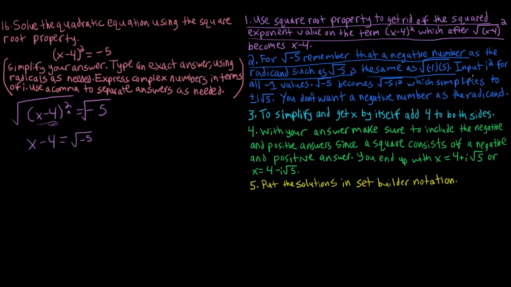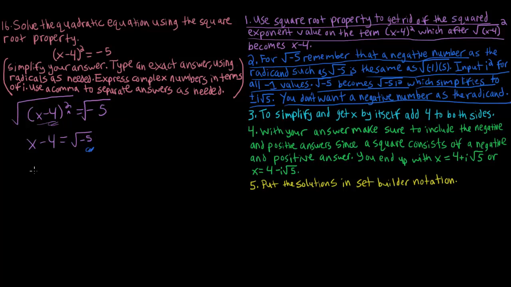Then we can input i squared for all negative 1 values, in which case the square root of negative 5 becomes the square root of i squared times 5, which simplifies to plus or minus i square root of 5. So overall, we don't want a negative number as the radicand. We don't want a negative number under the radical.